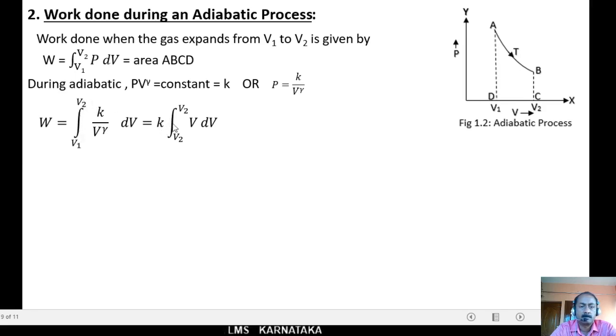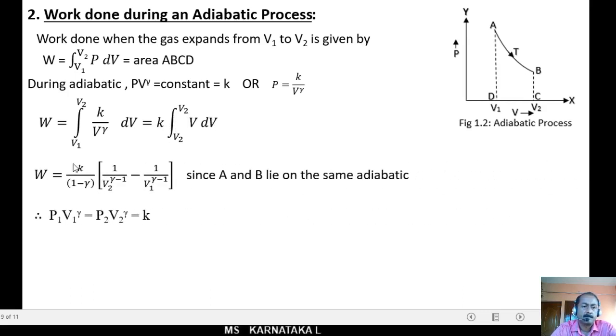This is equal to K, which is constant here. Take it outside. You can integrate this with respect to dV. We get W equals work done equals K upon 1 minus gamma into 1 divided by V2 to the power gamma minus 1, minus 1 divided by V1 to the power gamma minus 1.